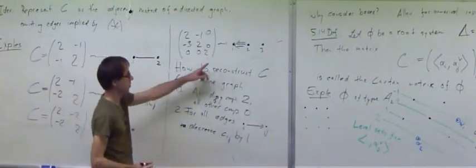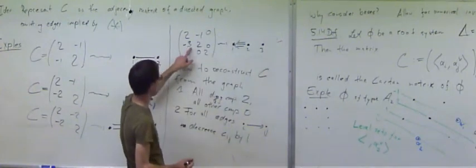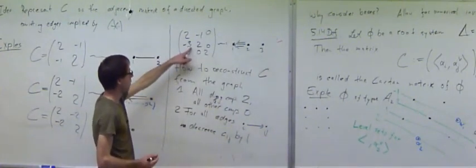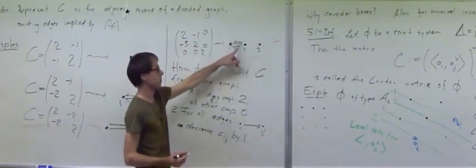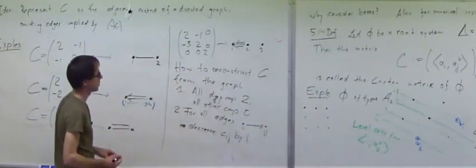So here I had to decrease C, 1, 3 by 3, because there are 3 edges directed in the one direction.